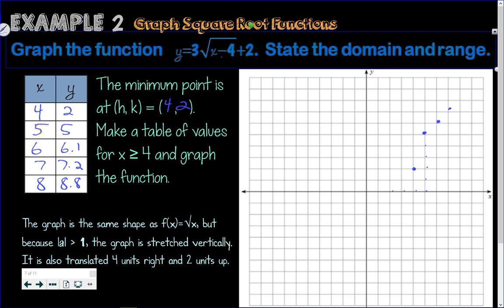So about right in there probably. Okay, then 8 and 8.8. 6, 7, 8. 8 is just 8, it's not 8.8. Yeah. Okay, so it'll be right there. So my graph will go kind of like that.